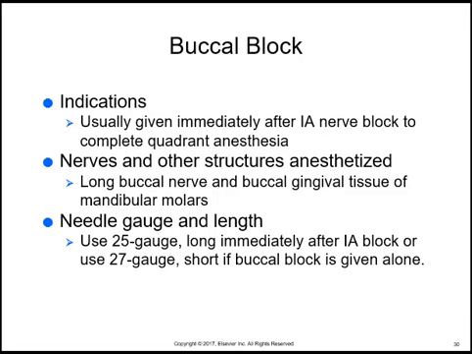Again, the nerve anesthetized is the long buccal nerve, and the structures are the buccal gingival tissue of the mandibular molars. Needle length and gauge would be a 25 gauge long immediately after the IA block, so you withdraw from the IA block and immediately give a buccal block. But you can use a 27 gauge short if the buccal block is given alone.